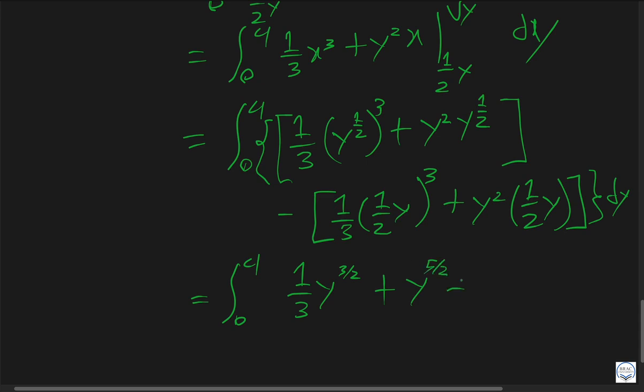So plus y to the power 5/2, and minus, this is 1/8, as half cubed is 1/8, times 1/3 is minus 1/24 y to the power 3, minus half y cubed times 2y.